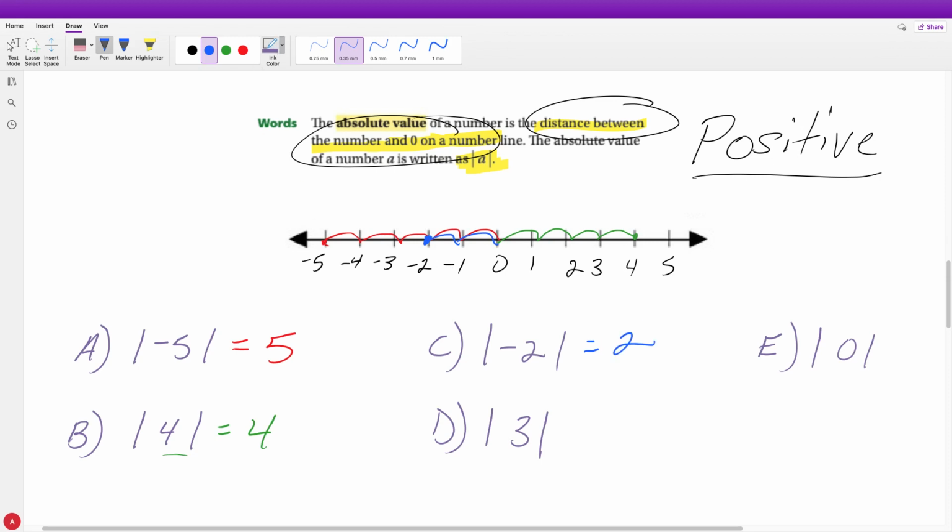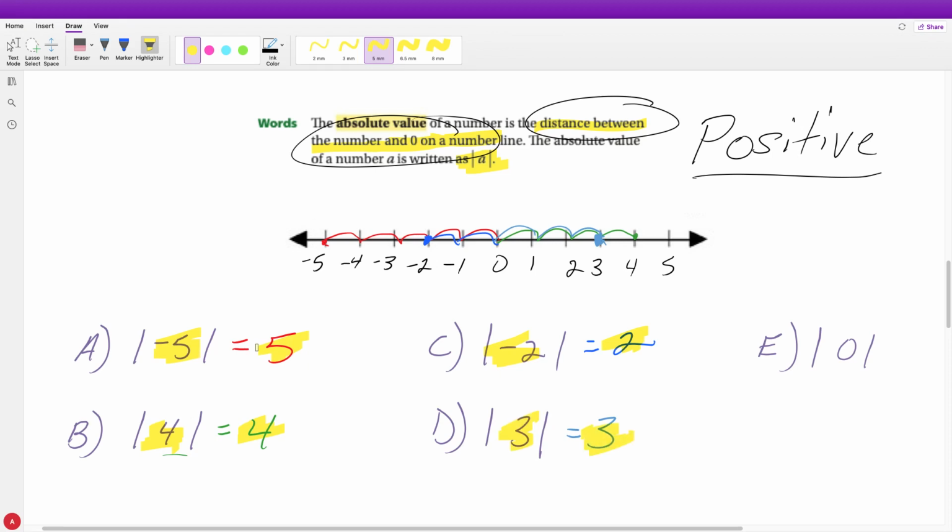Our next one is the absolute value of 3. I know I'm going through these kind of quickly, but hopefully you can catch on to what these answers are. The absolute value of positive 3, well, we're 1, 2, 3 units away from 0. So the absolute value of positive 3 is 3. So you see, no matter what, when we take the absolute value of that number, it is going to give us a positive answer in return.